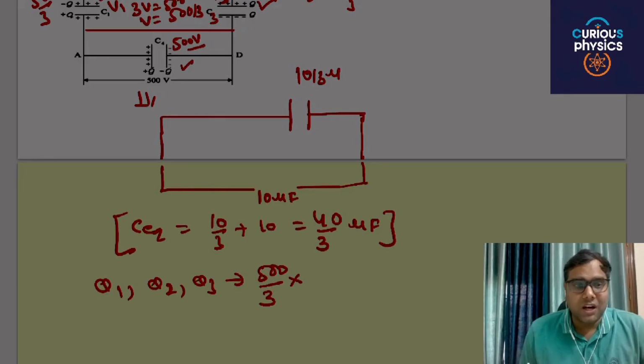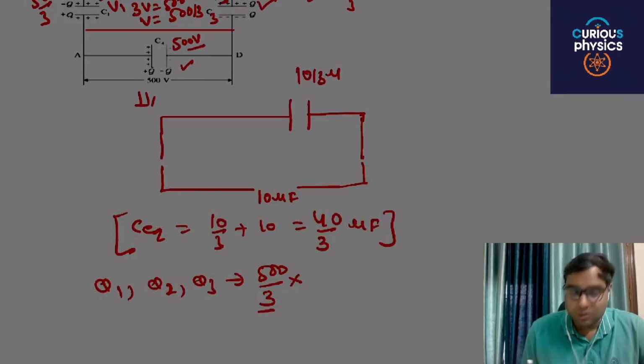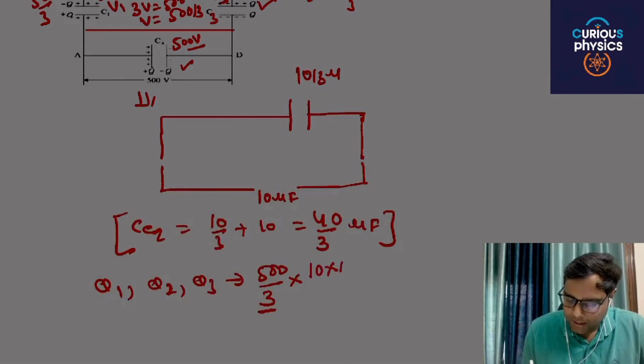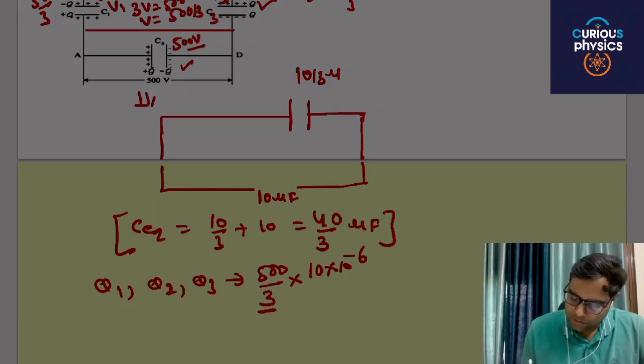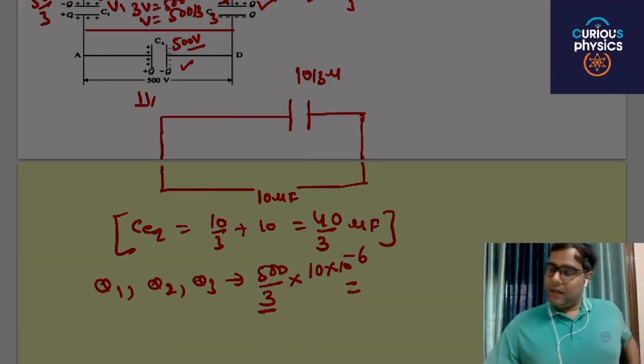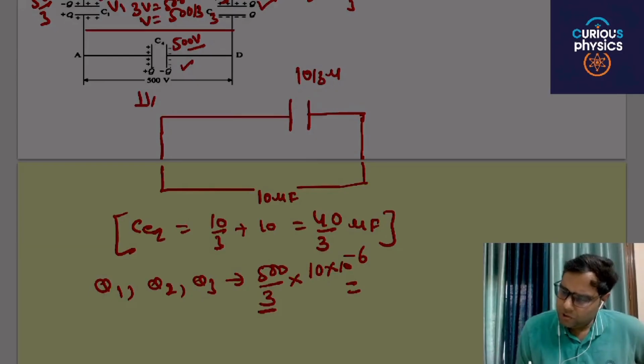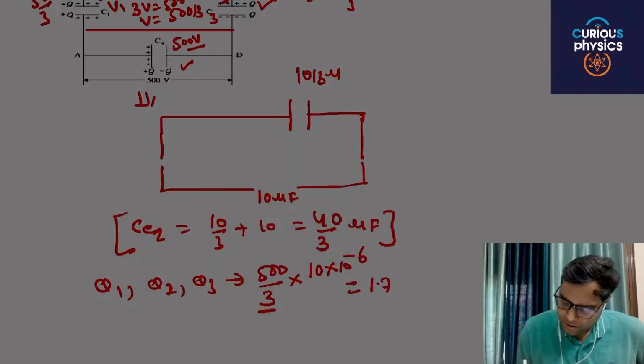We know that the charge is equal to C into V. This is the potential across each capacitor, and C is 10 microfarad, 10 into 10 raised to power minus 6. So you will get your answer, and that answer will be 1.7 into 10 raised to power minus 3 coulomb.